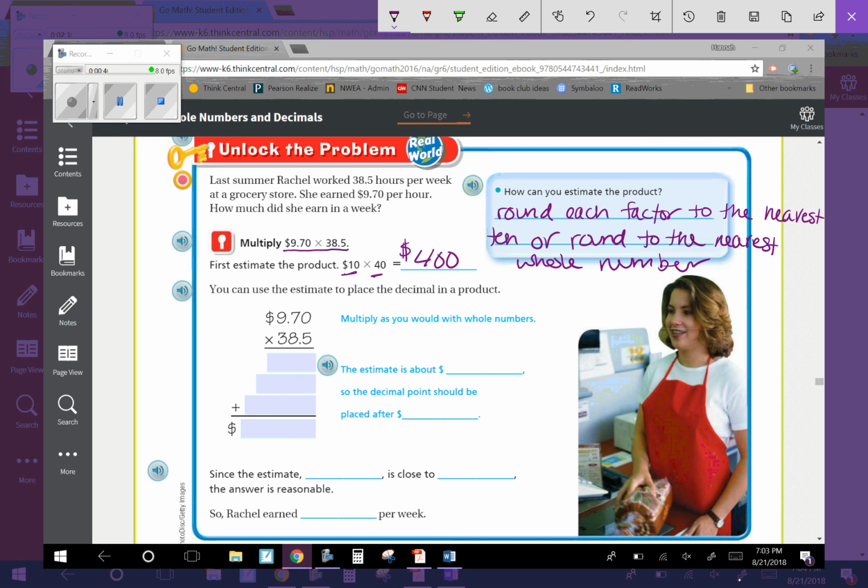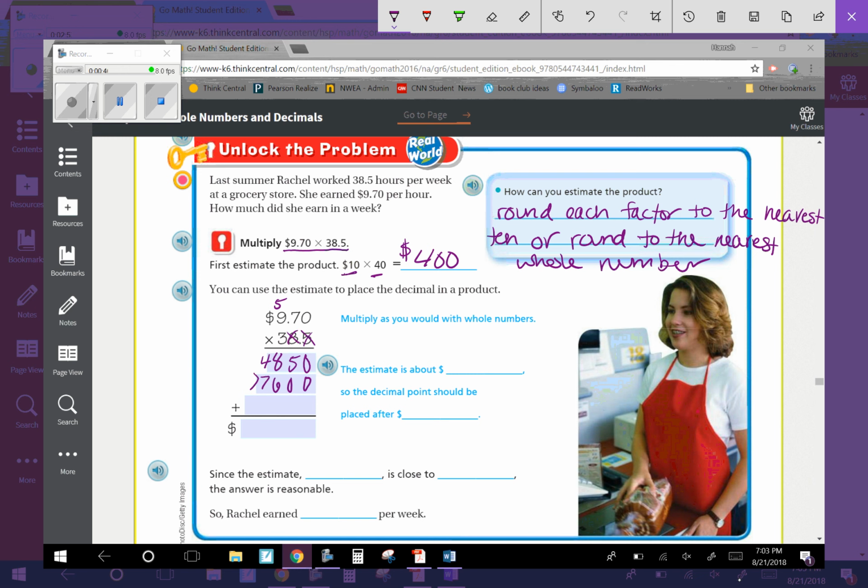So 5 times 0 is 0. 5 times 7 is 35. 5 times 9 is 45, plus 3 is 48. And then we're going to ignore that one, put a 0 to keep our place values in line, and 8 times 0 is 0. 8 times 7 is 56. 8 times 9, 72, plus 5 is 77.